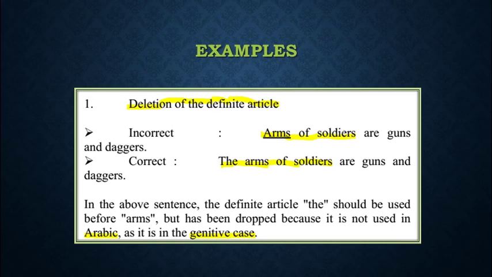We say غطاء الطاولة, which should be translated in English into what? Into "the book of Ahmed" and "the cover of the table." We don't say "cover of the table," we say "the cover of the table" and "the book of Ahmed," right?